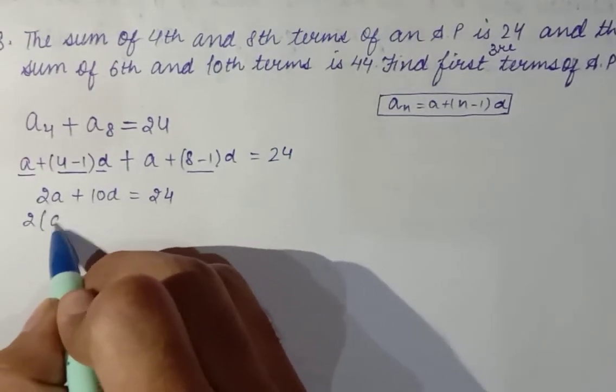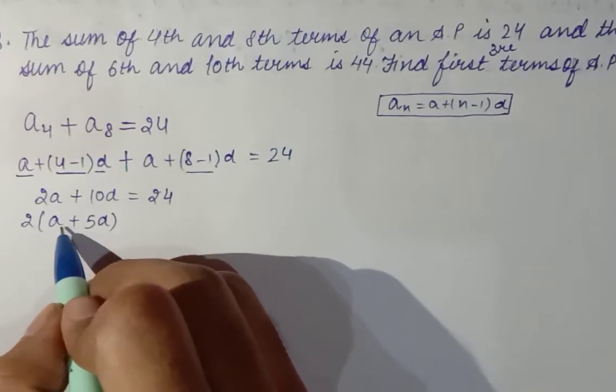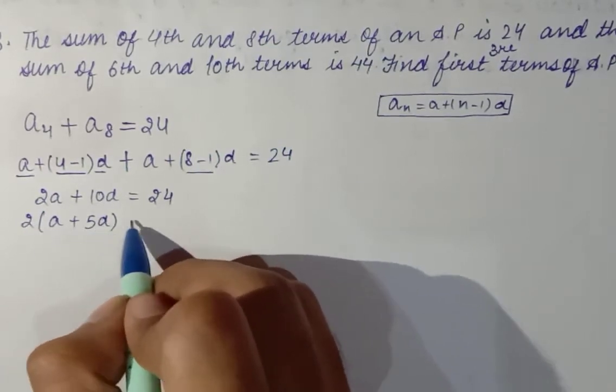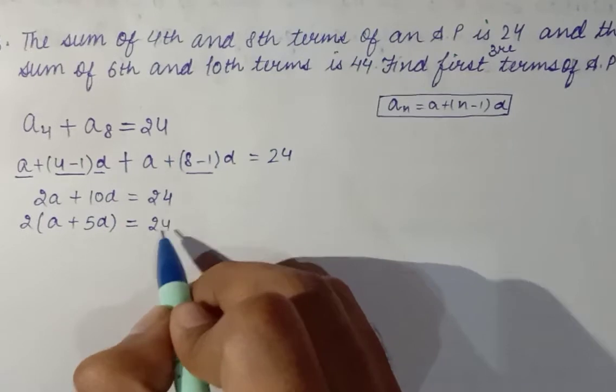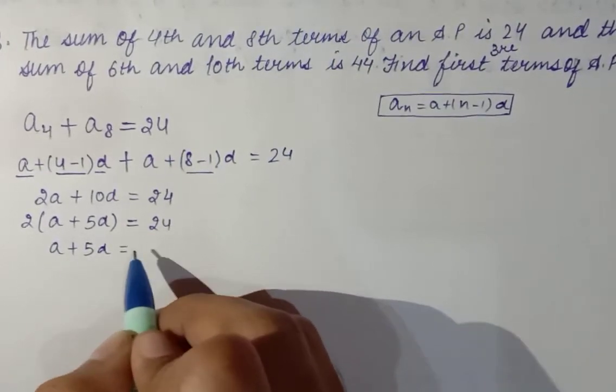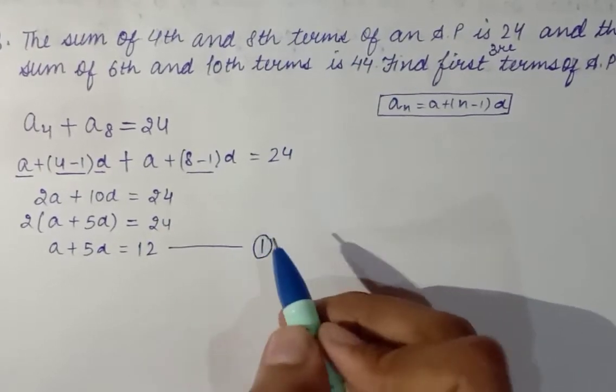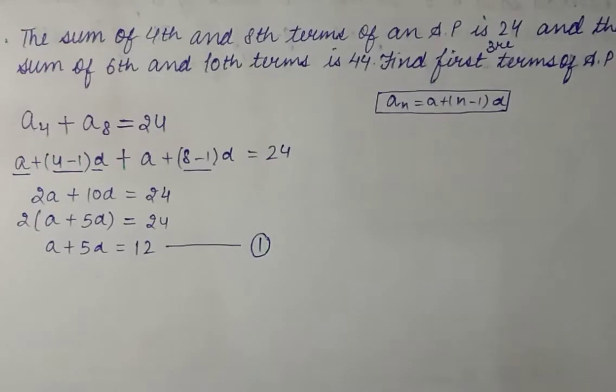Taking 2 common, we get 2 into (a plus 5d) is equal to 24, or a plus 5d is equal to 12. This is the first equation provided by the question.